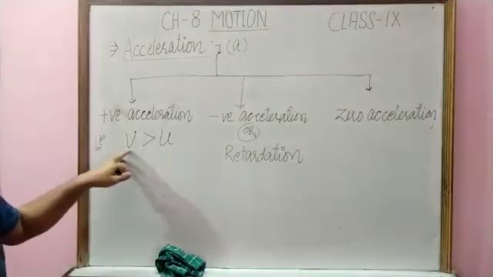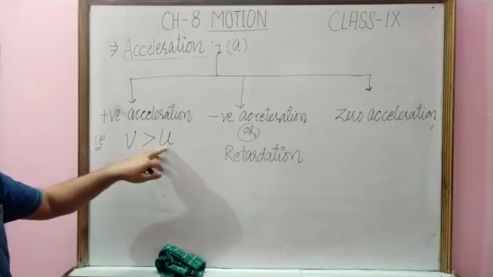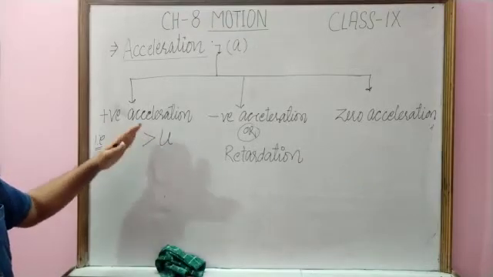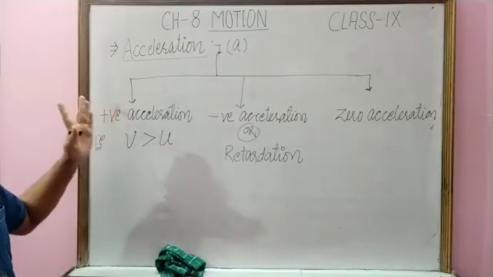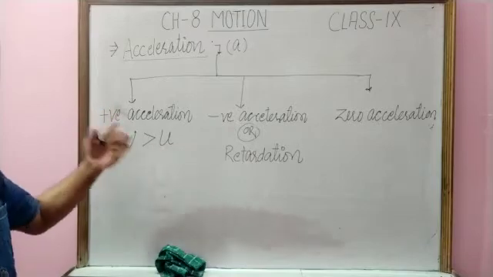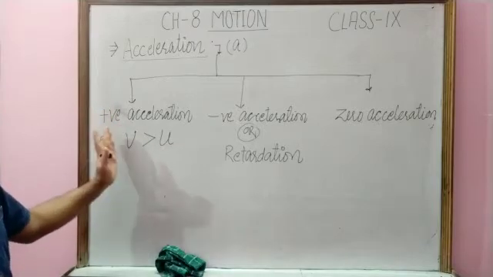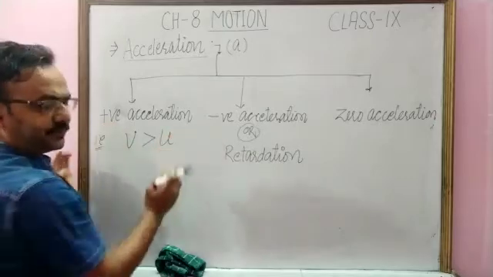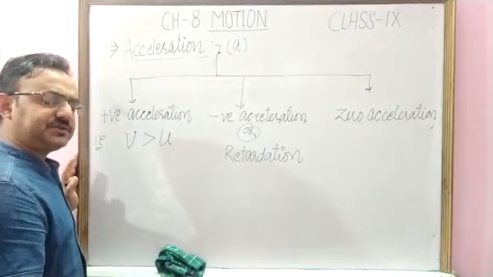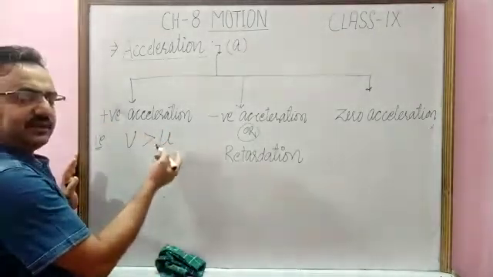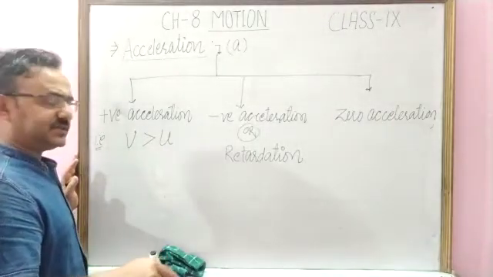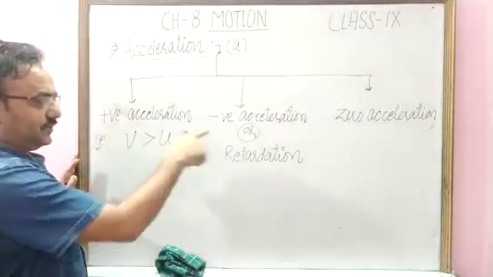That's why final velocity will be greater than initial velocity. When final velocity is greater than the initial velocity, that will give us the positive value of acceleration. That's why the acceleration is positive.